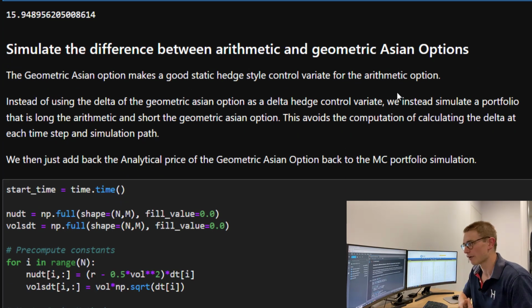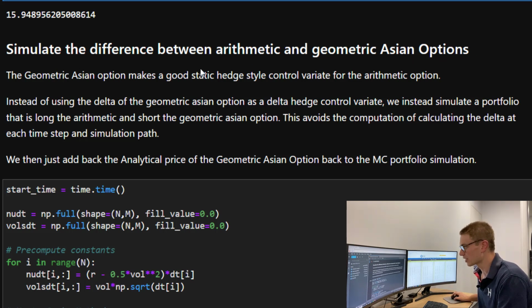So our tactic now for our control variate is actually not going to be a delta control variate like we've done in the past. We're going to compute a portfolio. The portfolio is going to be the difference between the arithmetic and the geometric Asian option.